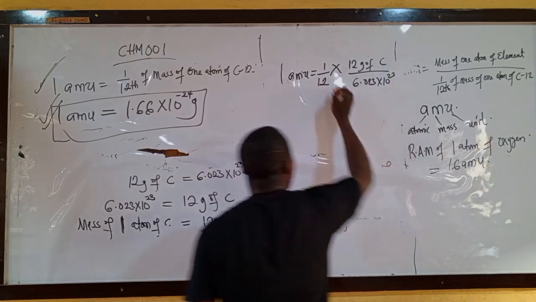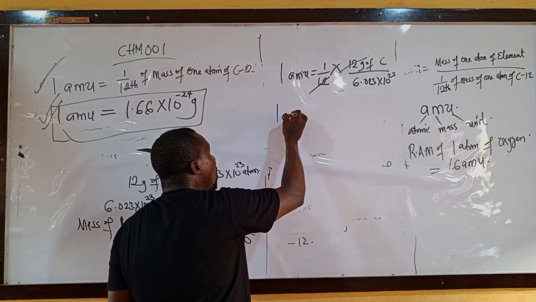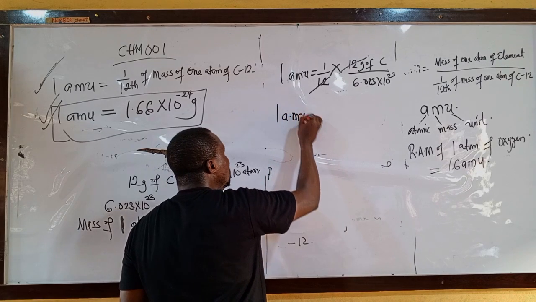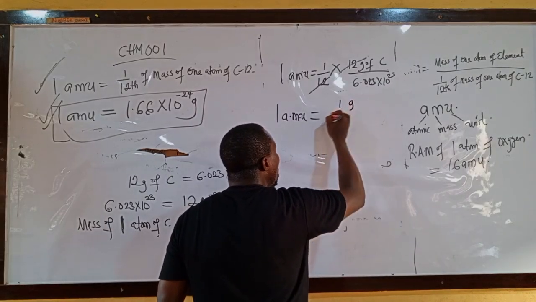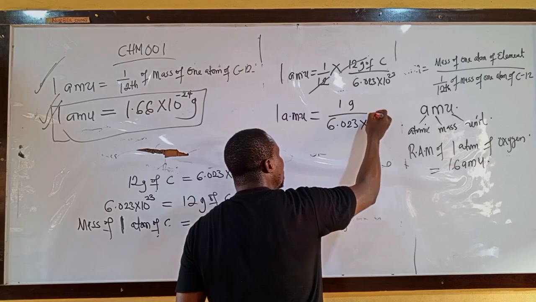Then from here, what will I have? 12 cancels 12. Therefore, I will have one atomic mass unit equal to 1 gram over 6.023 times 10 raised to the power 23.